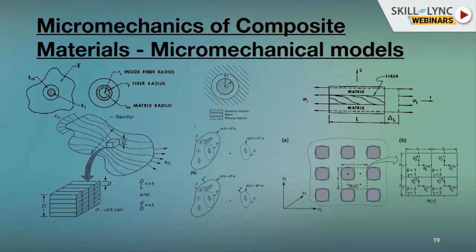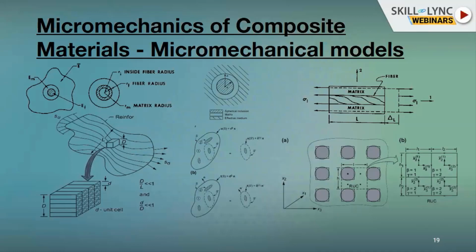In the bottom you can see that there is a representation of an RVE. We consider a small portion of this and call it a unit cell. The unit cell basically represents an infinitesimally small portion of the composite, which has all the basic ingredients of the composite.